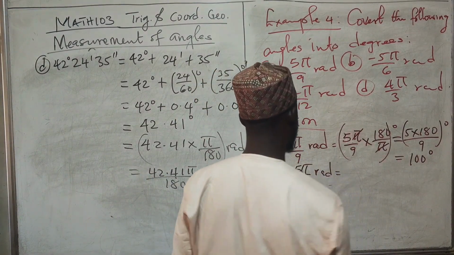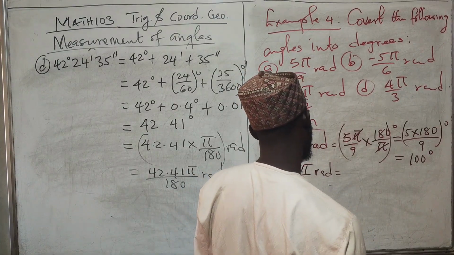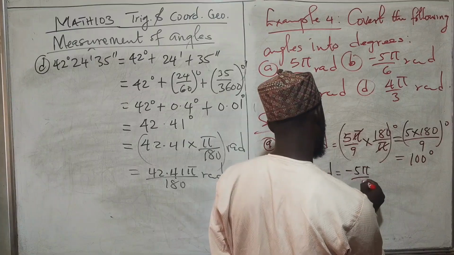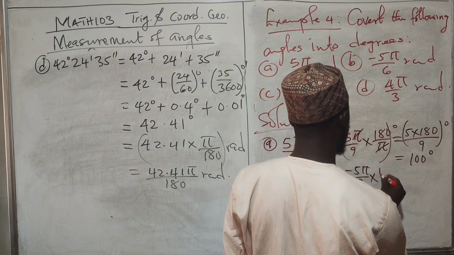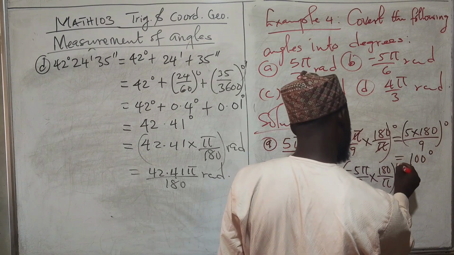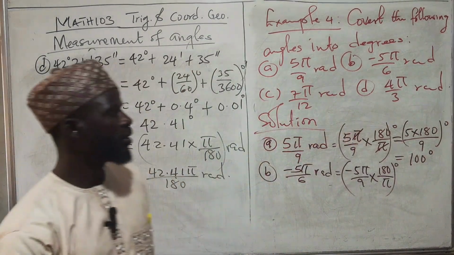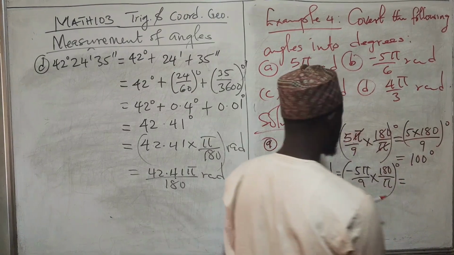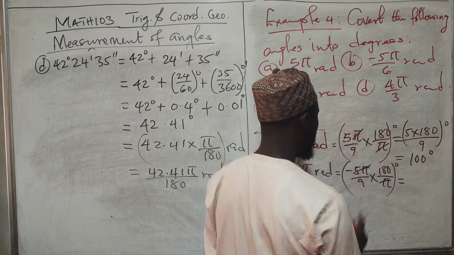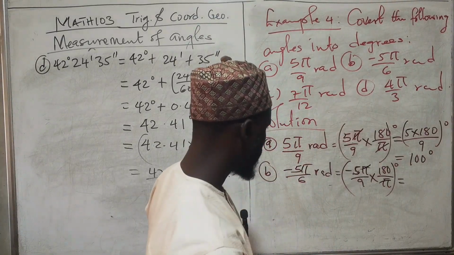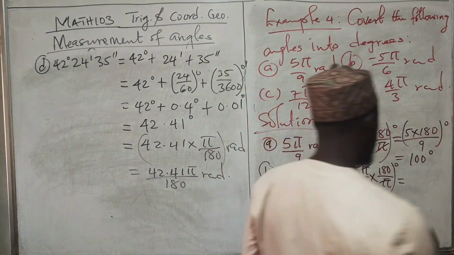So you have minus 5 pi over 6 times 180 over pi. After solving the content of the bracket, you are in degrees. And this means pi is going with pi, but 5 stands. So after solving, you have minus 150 degrees.